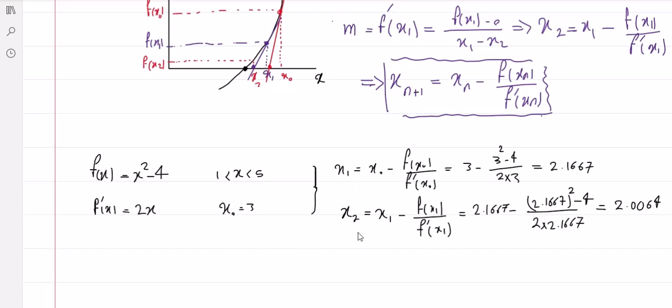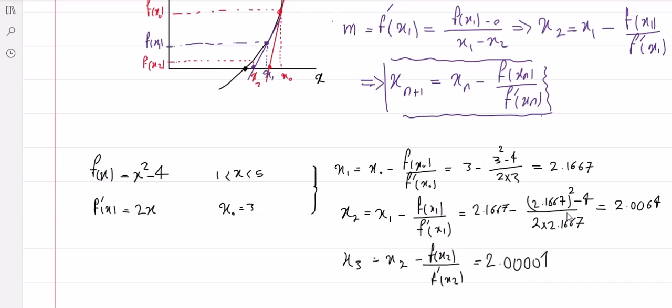So if we do the same for x3, we would get x2 minus f of x2 divided by f prime of x2, which would get us to 2.00001.